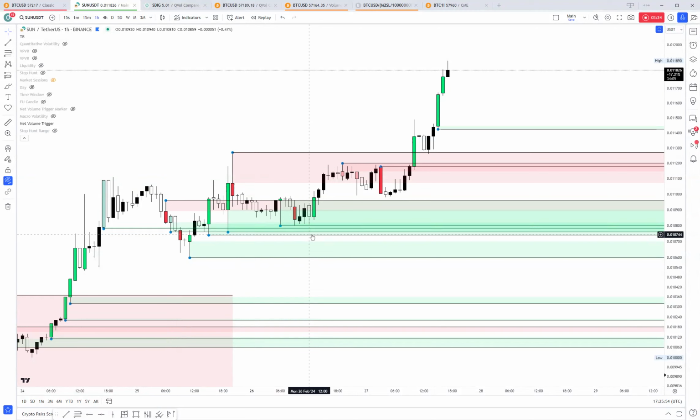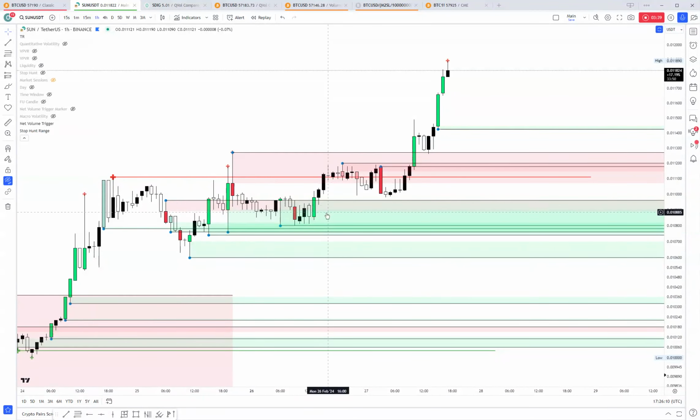So, for example, here you had many overlapping buy levels, and the more intense the color, the more overlaps you have, and you see that they present very good opportunities within the context of this structure.